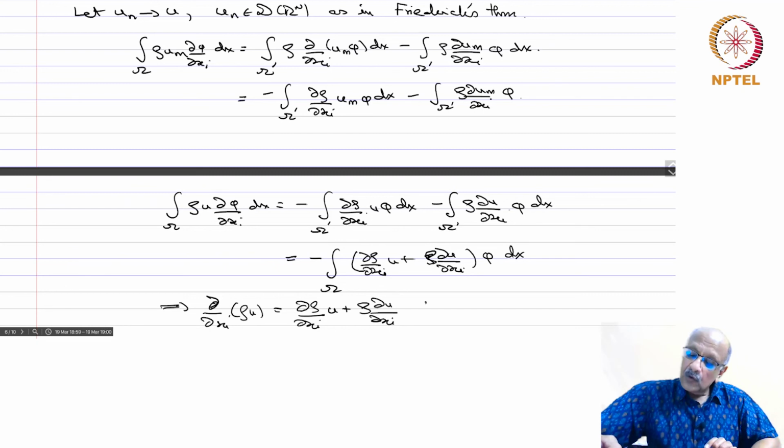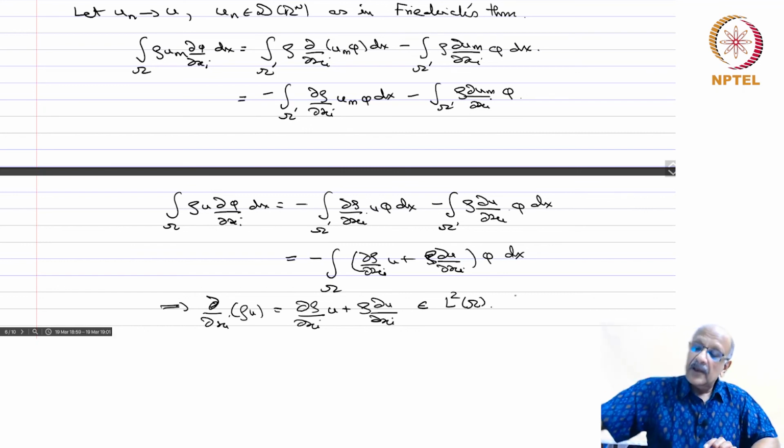And since rho is in C1 of omega bar and its first derivative is also continuous on omega bar, everything is bounded, so this belongs to L2 of omega.